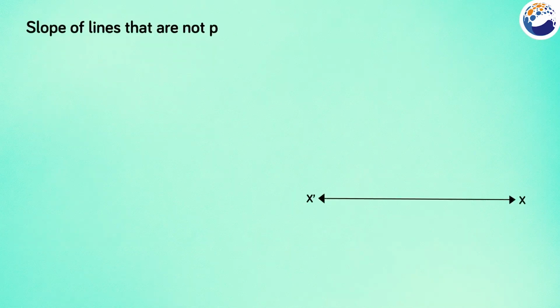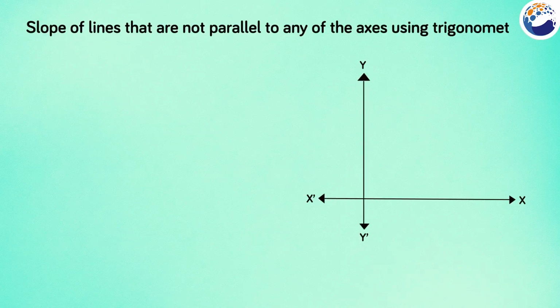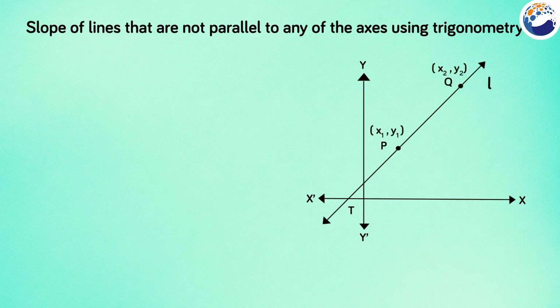Slope of lines that are not parallel to any of the axes. Consider a line L that intersects the x-axis at a point T. Take 2 points P(x1, y1) and Q(x2, y2) on line L. Draw QS perpendicular to the x-axis, and PR perpendicular to QS.